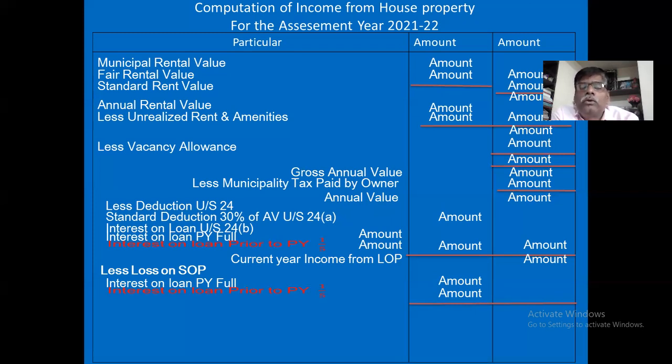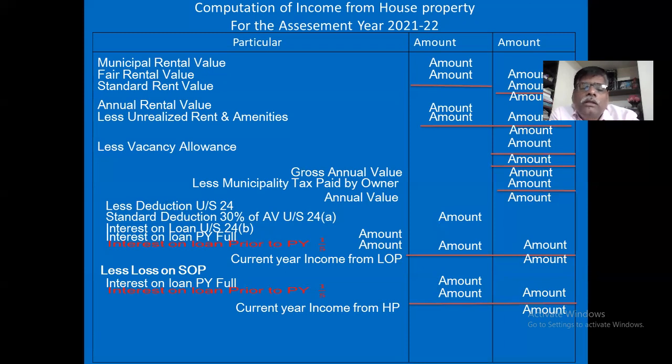Remember this point. Taking this into consideration, you take the total amount in the outer column, maximum 2 lakh rupees. Then deduct in the outer column, and whatever comes is called income from house property, current year income.